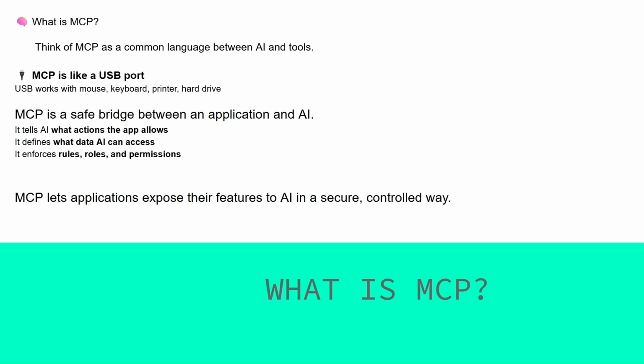Basically, it has the authority to do that. You can expose only particular functionality to the AI, and the AI can access only those particular applications. You're not required to give the AI access to all of your data or expose everything to it. Okay, let's understand this in a practical way.